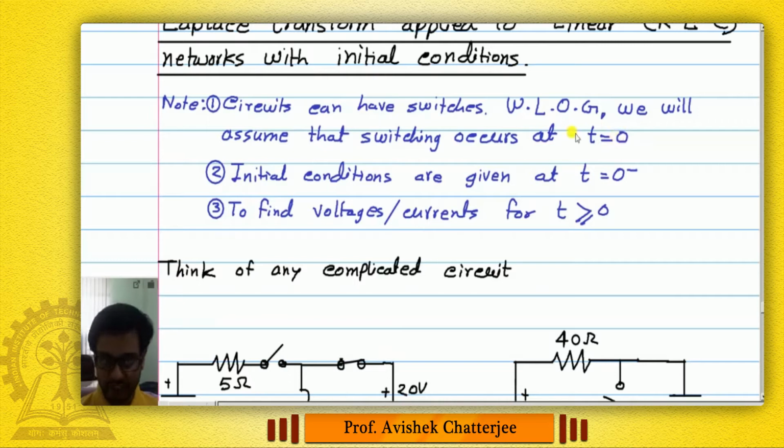And therefore, we will have initial conditions, that means voltages and currents, given at the moment just before the switching occurred, that means at time 0 minus. And our task is to find voltages and currents across different branches for time greater than and equal to 0.